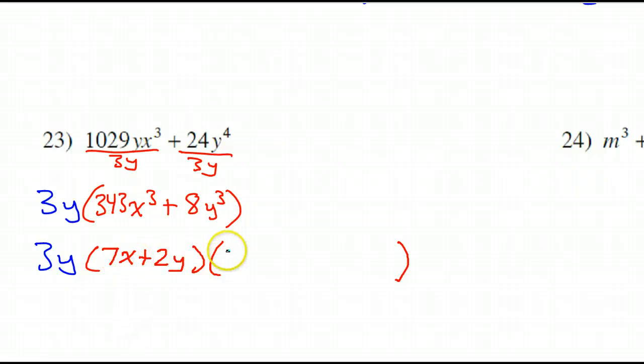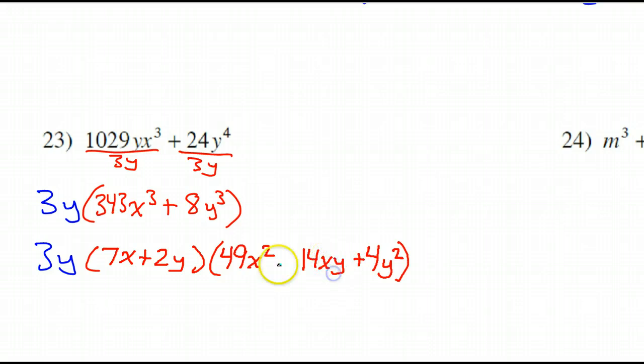If I square 7x, I get 49x squared. If I square the 2y, I get 4y squared. If I multiply these two together, 7 times 2 is 14. Don't forget your little plus there. So this will be 14xy. And then opposite sign makes it minus.